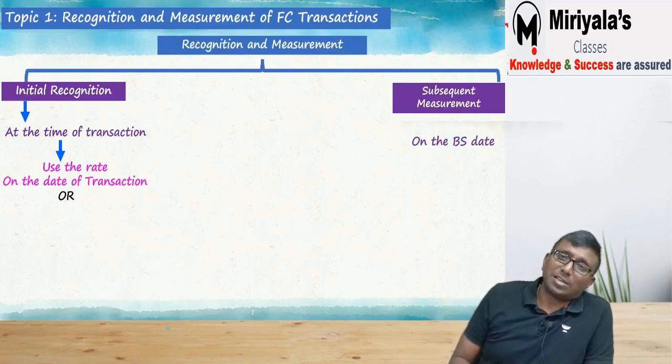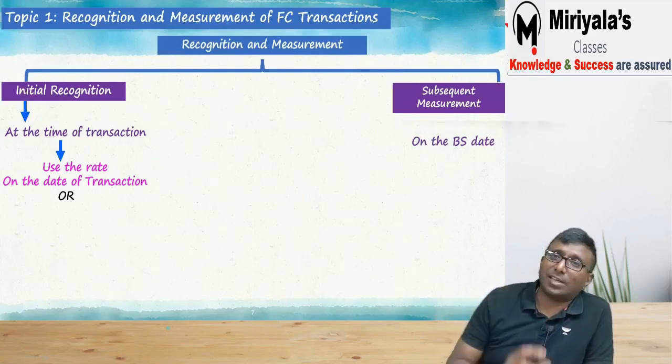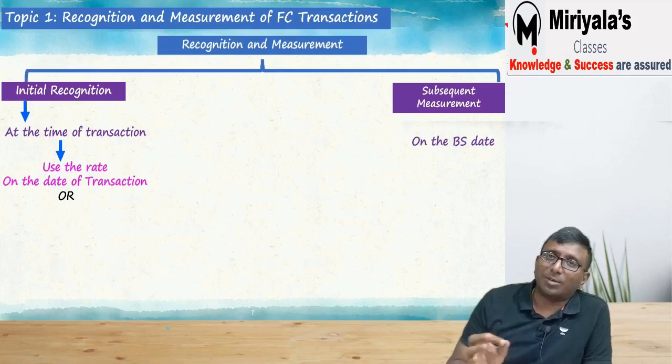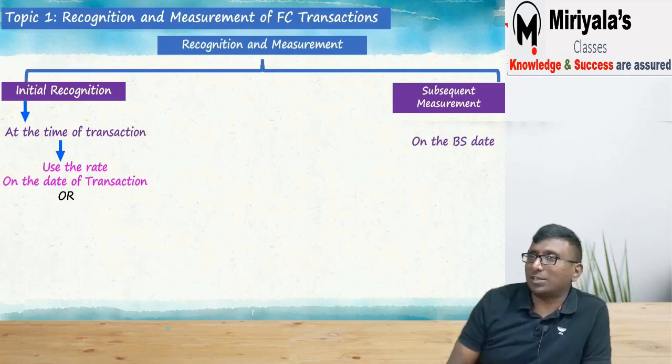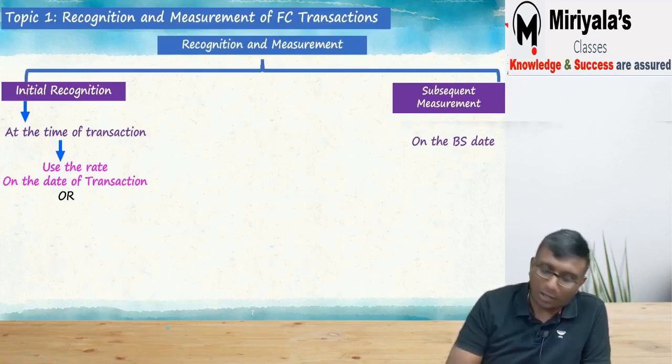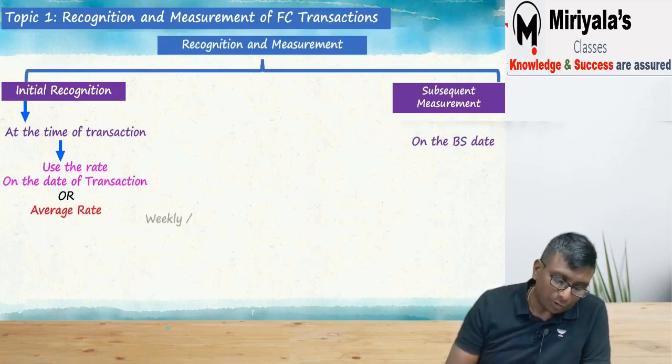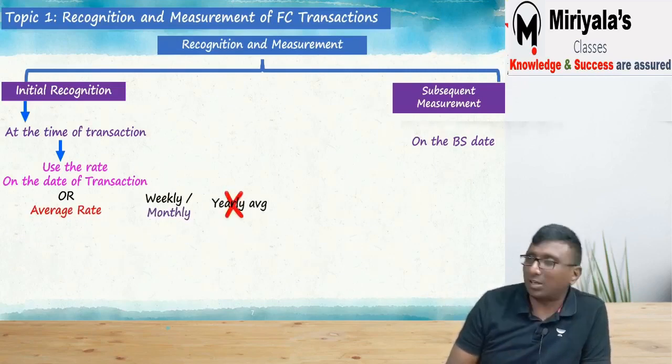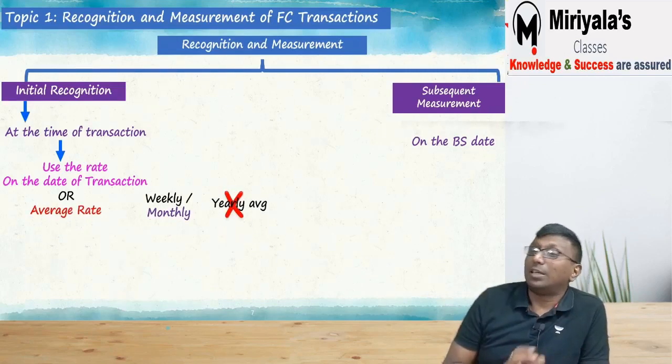Yes, for our convenience they said take an average rate. But average rate does not mean I'll take a one year average. No. Normally 14, 15 days weekly average, fortnight average, monthly average is maximum. Don't go beyond that. You can use average rate: weekly you can go, monthly you can go, fortnight you can go, but not yearly average.